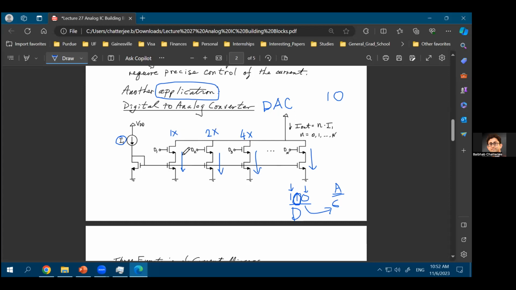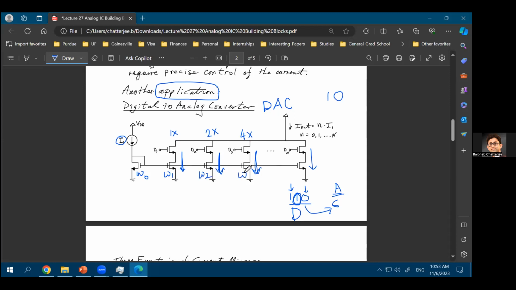You can have 1x current flowing through this branch. You can have 2x current flowing through this branch. You can have 4x current flowing through this branch, and so on. If you have the sizes of these transistors, let's say this is W0, the width of the reference transistor, and the width of this first transistor is W1. Width of this one is W2.